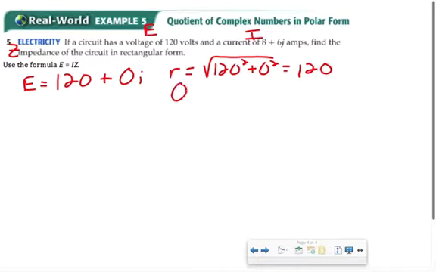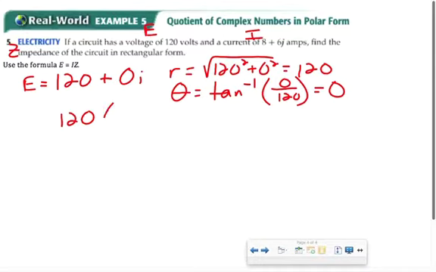The theta is the inverse tangent of 0 divided by 120, which is 0. So rewriting this complex number in polar form, I have 120 times the cosine of 0 plus I times the sine of 0.